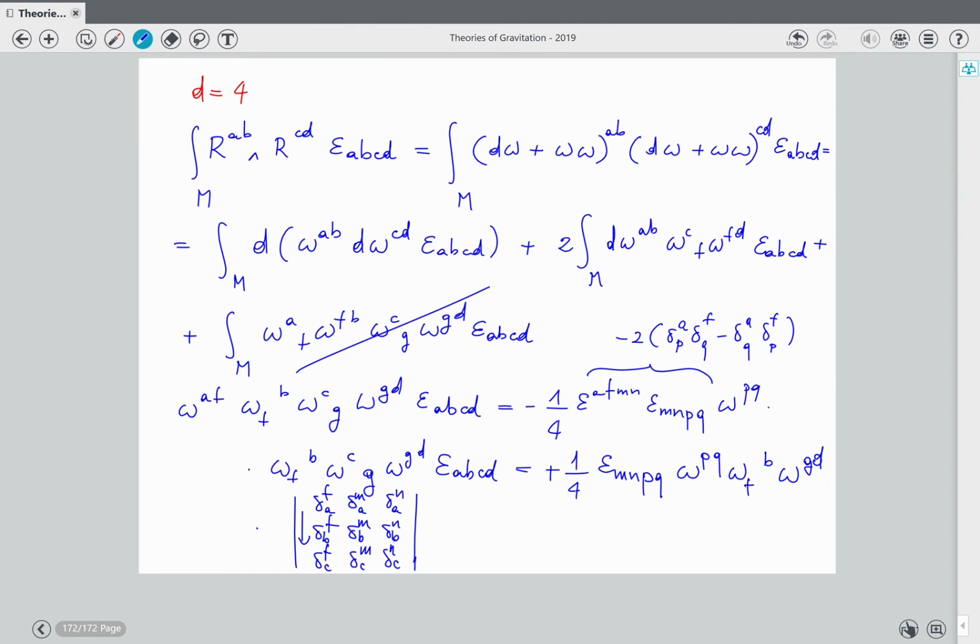If you compute along the column, the other two columns are just obtained by exchanging M and N, so they give a factor 2. And there is one contribution that doesn't give anything, delta BF, because delta BF will contract the indices of the same omega, and we are always using the metric compatibility.